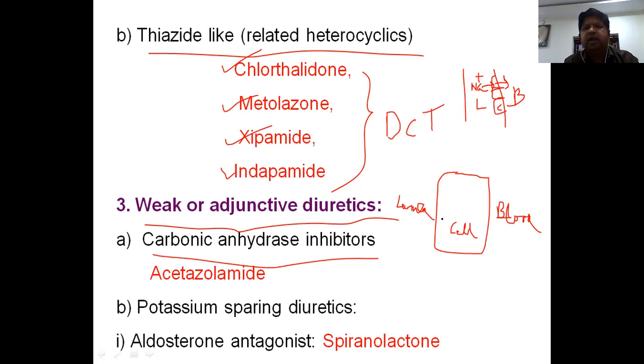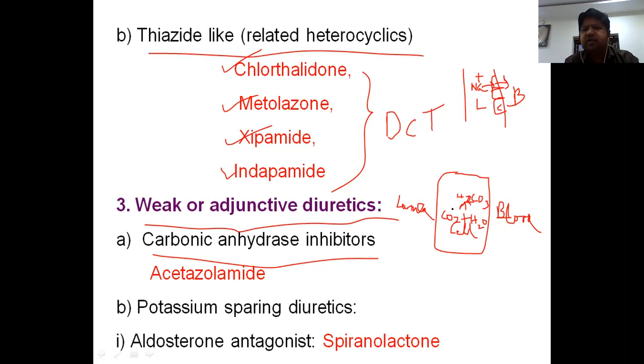Now, why am I discussing this? In a simple manner, let me explain. Inside the epithelial cell of the nephron, carbon dioxide and water unite and there will be a formation of H2CO3, which is nothing but carbonic acid.